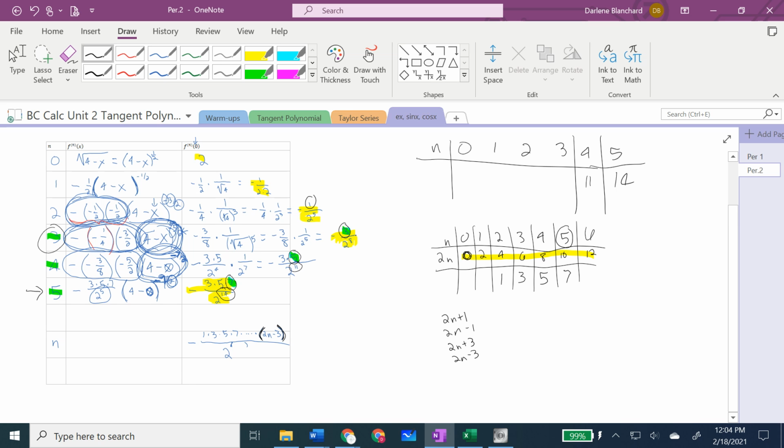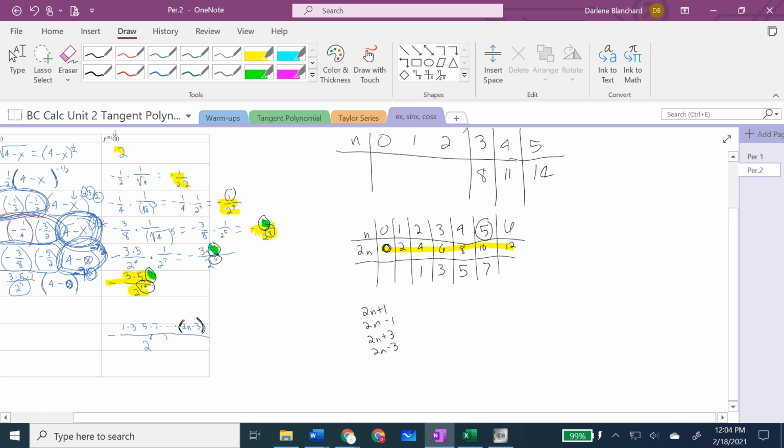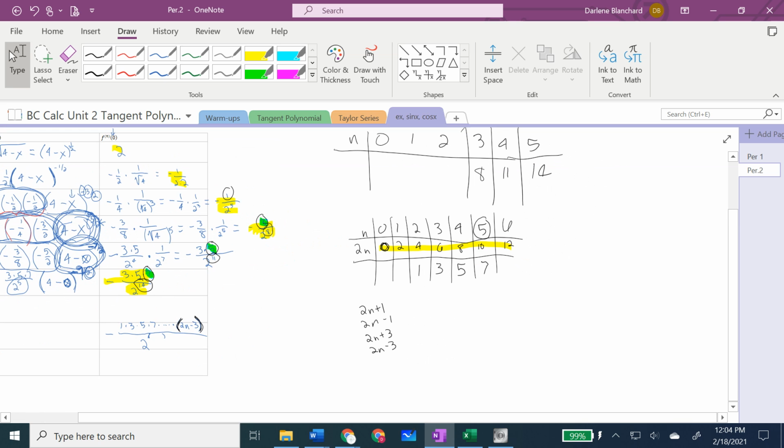When n is 3, I want to get 8. And let's just look at those. Also, it helps to come up with the formula if you look at what creates it. So you've got to figure out what's going to work.